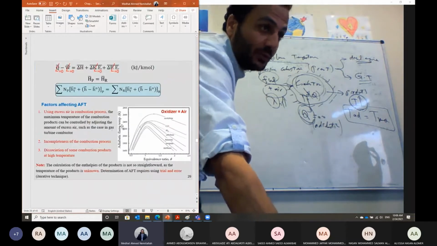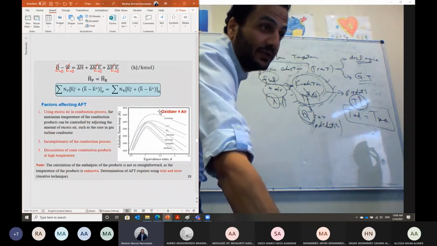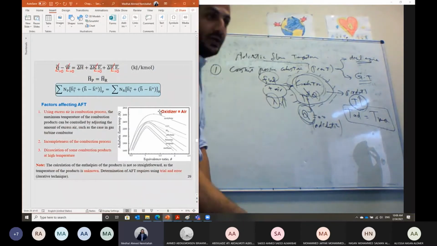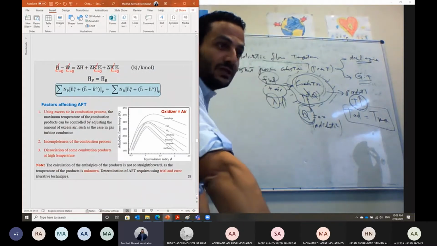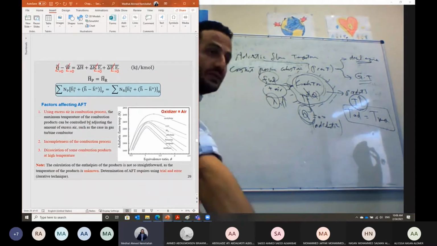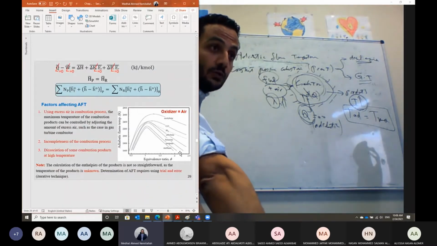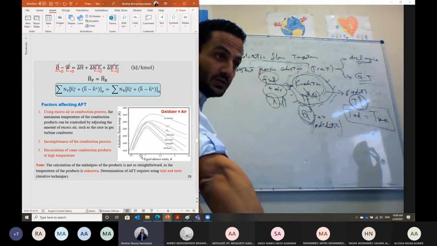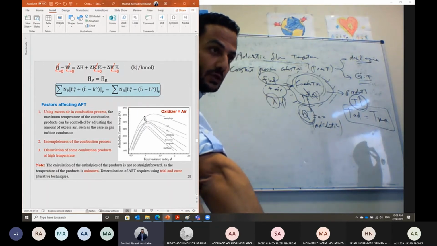You can see here the factors affecting the adiabatic flame temperature. First of all, the air of the combustion process. If we have excess air, that means we have more air that will cool down the combustion product, so the adiabatic flame temperature will be reduced. And you can see here, at equivalence ratio equal to 1, all types of fuel have maximum adiabatic flame temperature under stoichiometric or theoretical combustion.